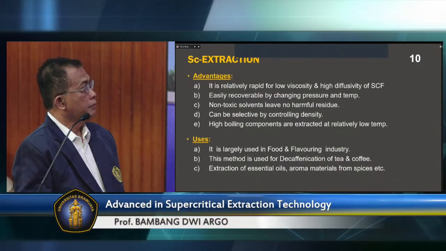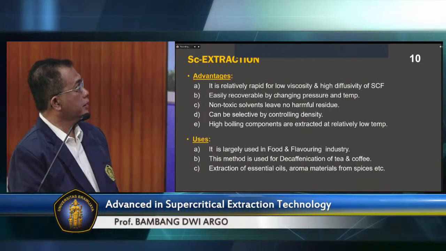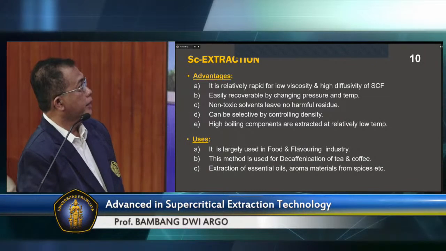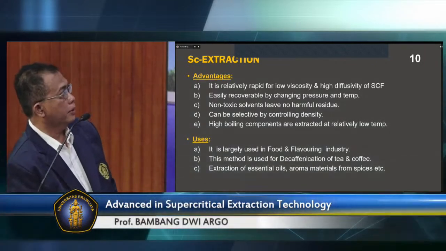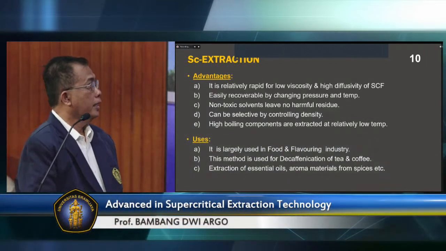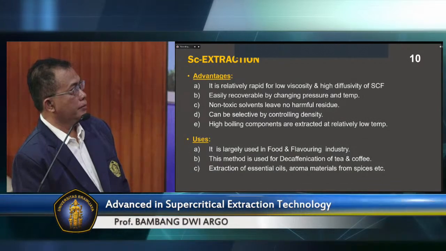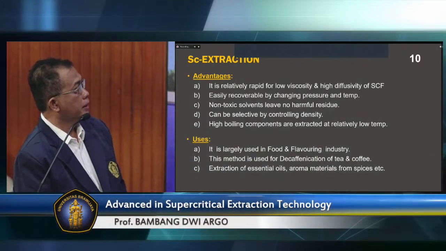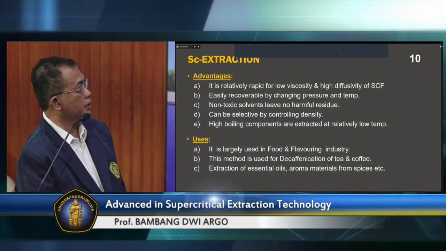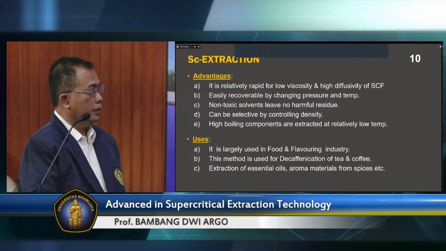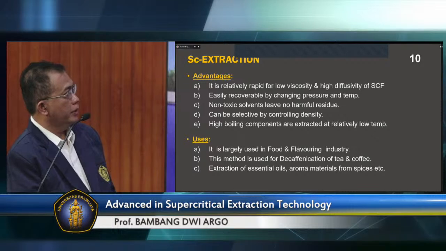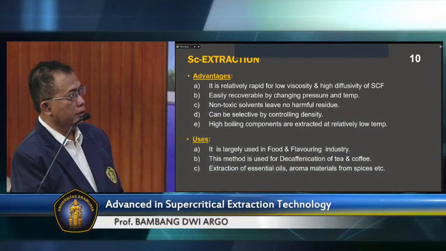And we also see here that supercritical fluid extraction has several advantages. It is relatively rapid due to low viscosity and high diffusivity, easily recoverable by changing pressure and temperature, and the non-toxic solvent leaves no harmful residue, can be selective by controlling density, and the last advantage, high boiling components are extracted at relatively low temperature.